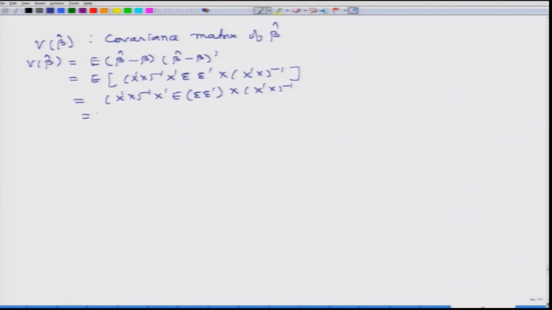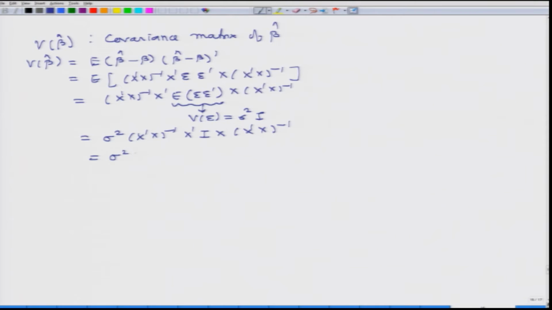Now, we have assumed that the expected value of epsilon epsilon transpose is nothing but the covariance matrix of epsilon, which is equal to sigma square I. So, I can write this as sigma square (X transpose X) whole inverse X transpose I X (X transpose X) whole inverse.